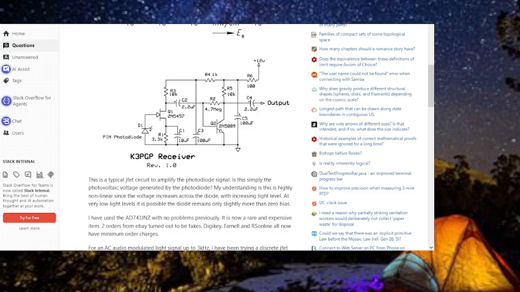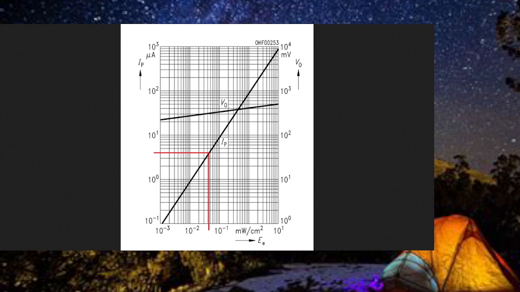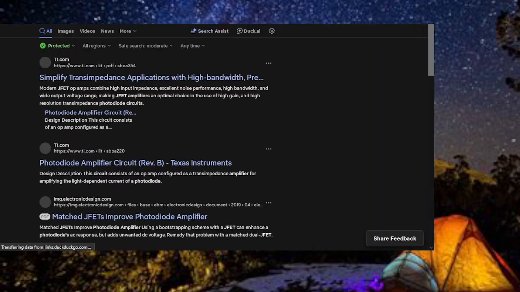Don't like that circuit. It's interesting because I'm thinking of using the photodiode. What if I look up? Let's try this here.